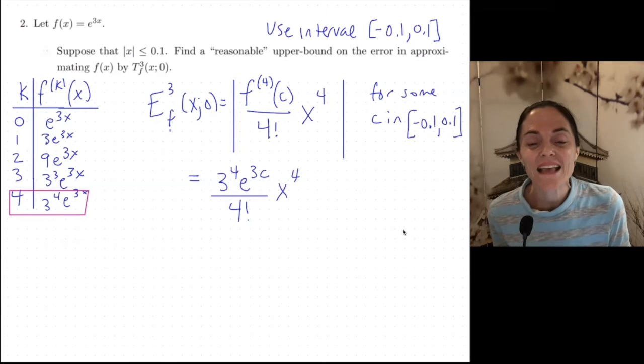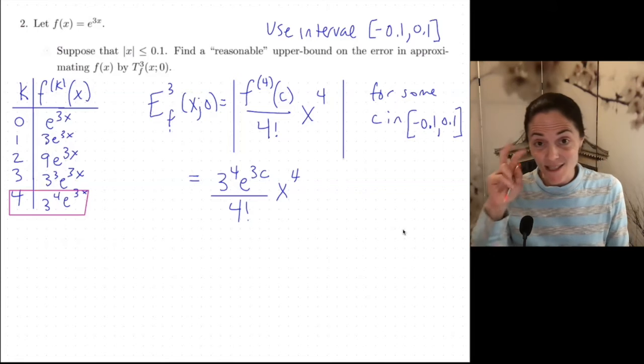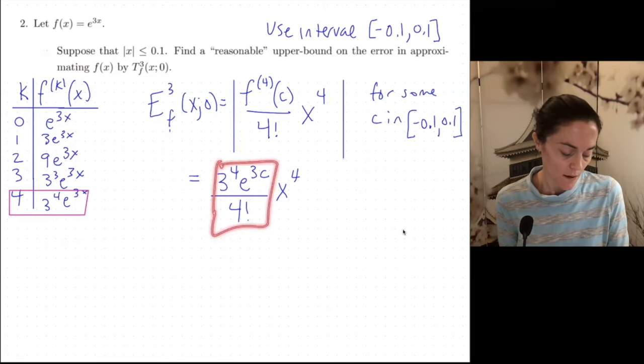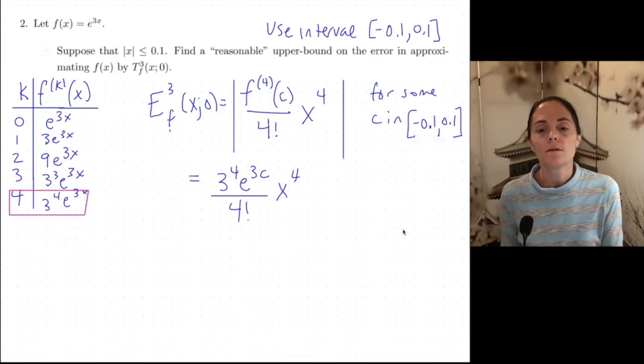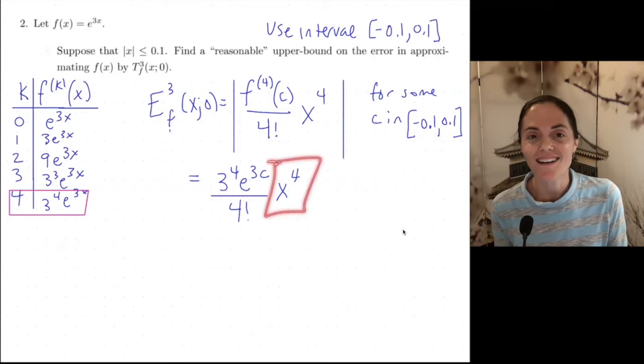Now, if you remember, which we have discussed, this is a two-step process. First, how big can this part be on this interval, the fourth derivative? And second, as a separate question, how big can this be on the interval?